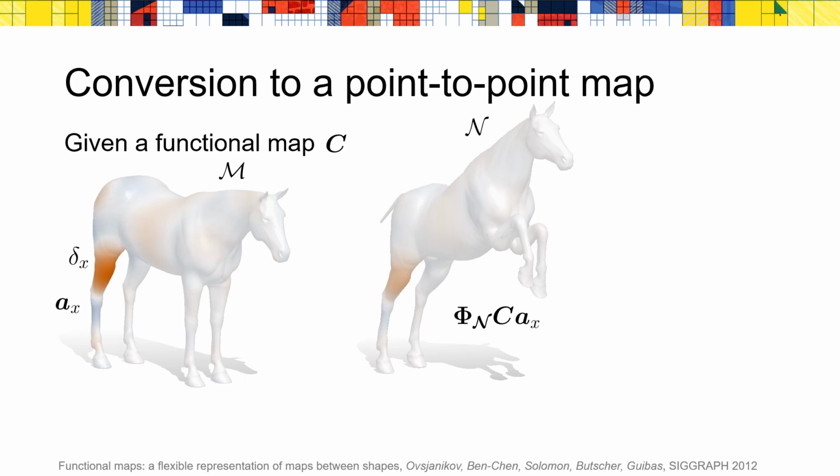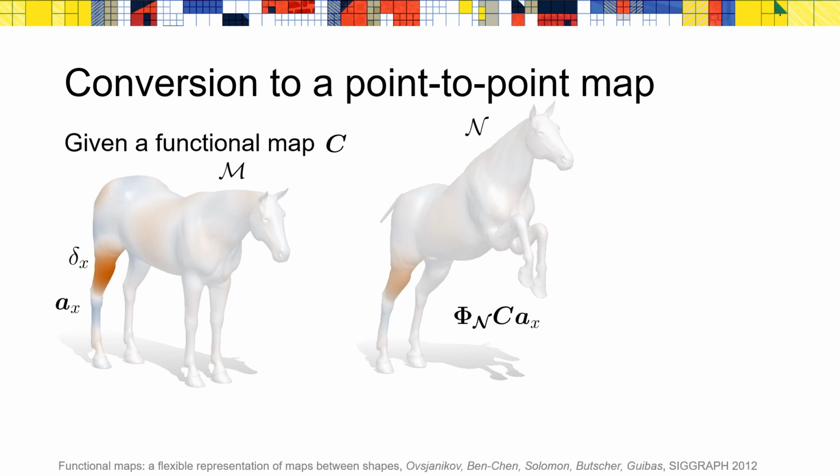Thanks to the functional map C, we can transfer this function to the space of functions of the shape N, and this can be done multiplying the coefficient a_x with the matrix C. And then we can reconstruct the transferred signal, multiplying this coefficient with the Fourier basis phi N.